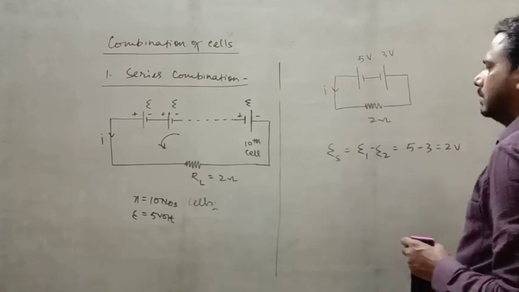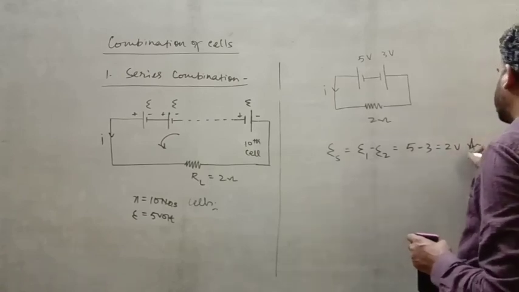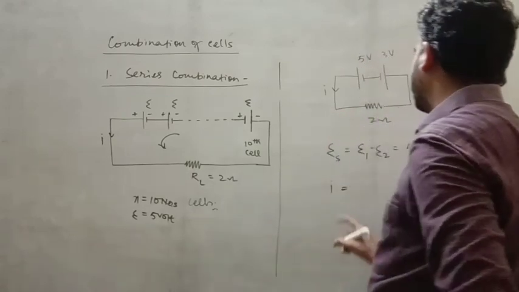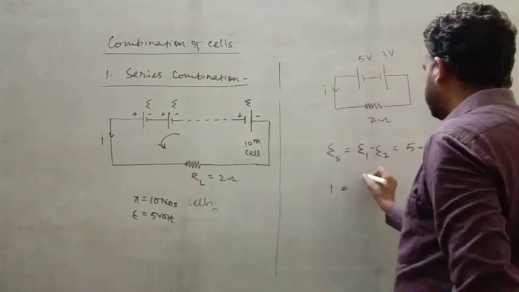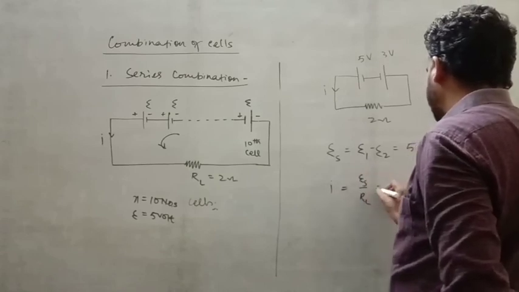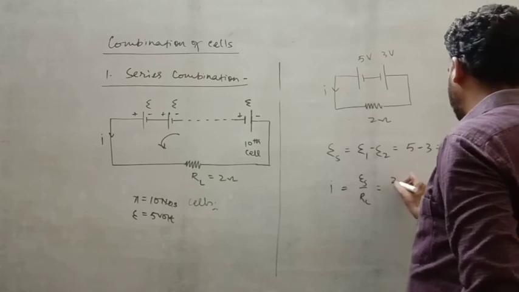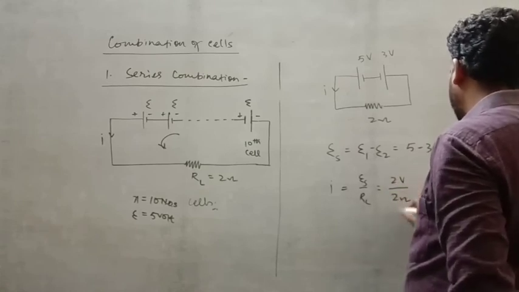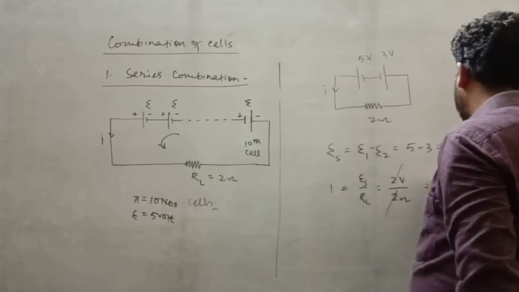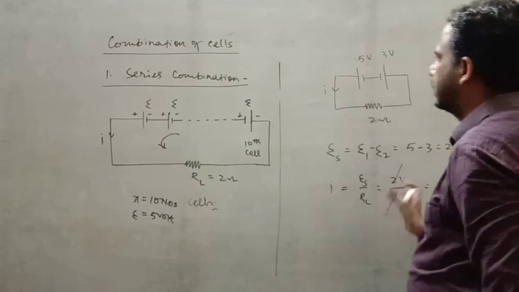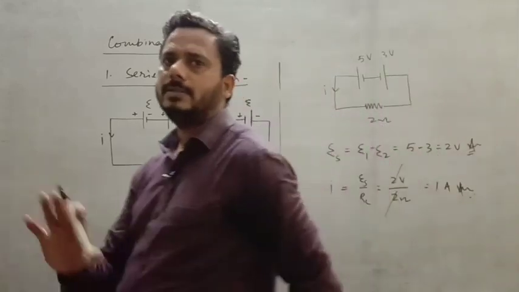This is your result. What about the current inside the circuit? The current is ES by RL. ES is 2 volt, RL is 2 ohm. After calculation, 1 ampere. So you can see the difference from here.